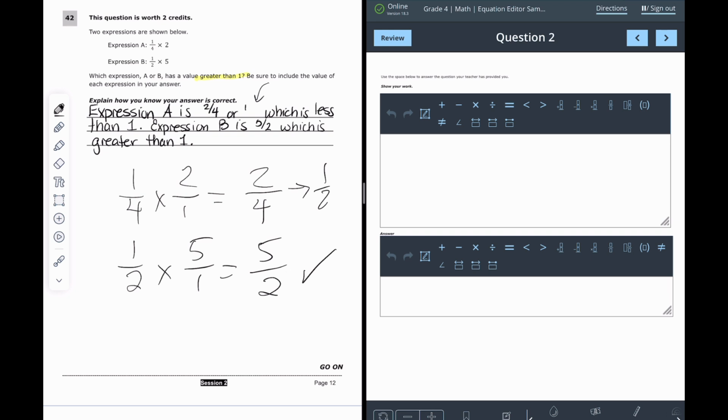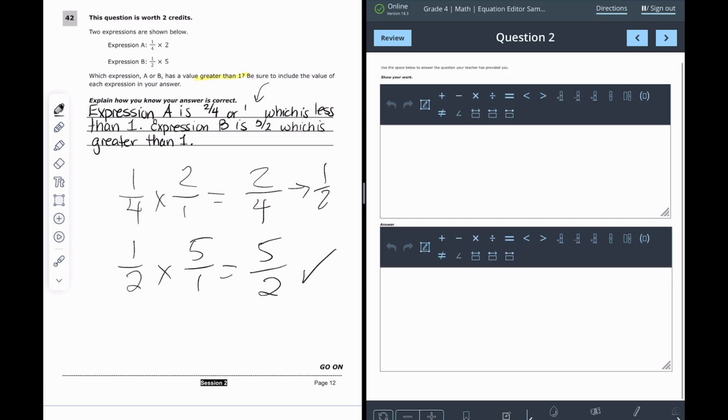All right, so I kind of have to put that in there. They're not asking me to show work, which means you're only going to get 1 box to where you have to explain. That's it. So I need to type that in. So here's expression A. I have to show this.